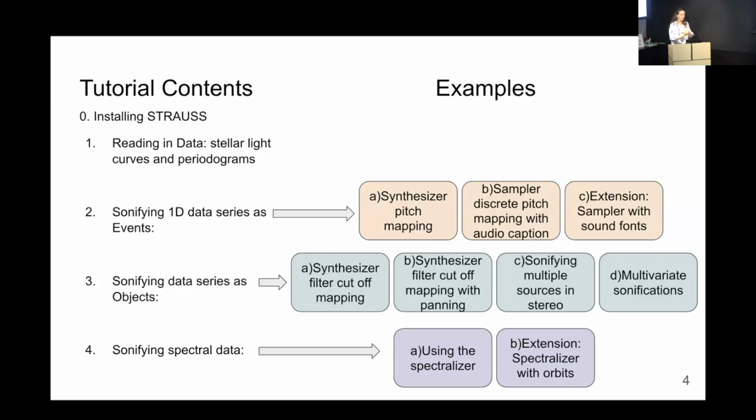And then we're going to have a go at sonifying the periodograms, which are the Fourier transforms of the light curves, which tell you what frequencies are present in the light curves. And we're going to have a go at spectralizing those. So there are lots of different examples you will get to create with this notebook, and different parameters you can play around with.